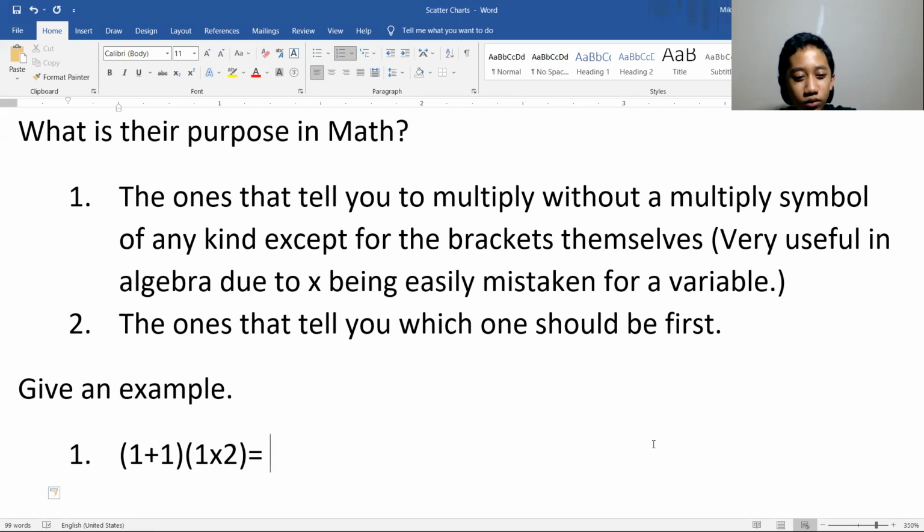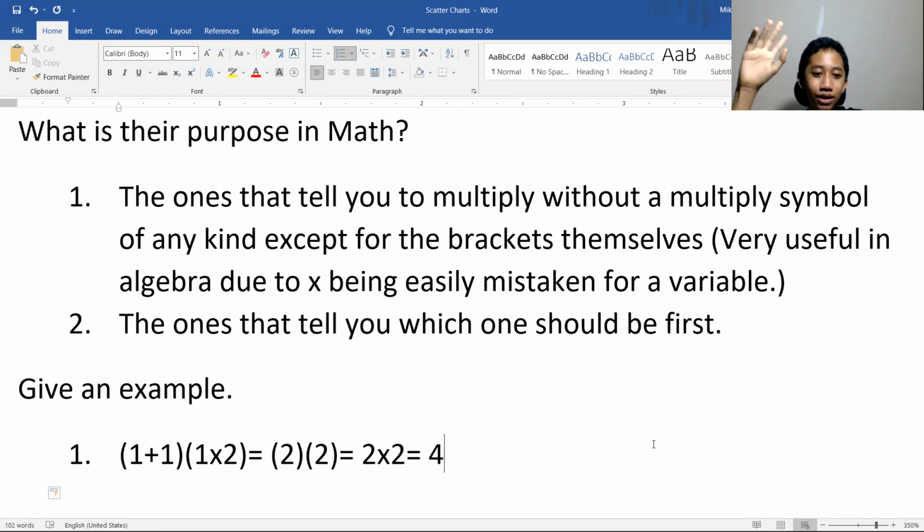So that equals 2 multiplied by 2 equals 4. Let me add another step: 2 times 2 equals 4. Make sense, right? 1 plus 1 in brackets, you do that, 2, and then do the other: 1 times 2 equals 2. And then you multiply them both, 2 times 2 equals 4.